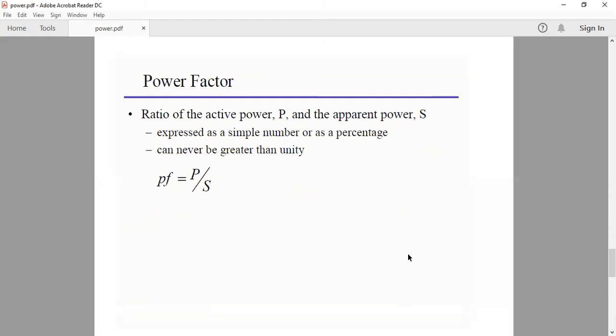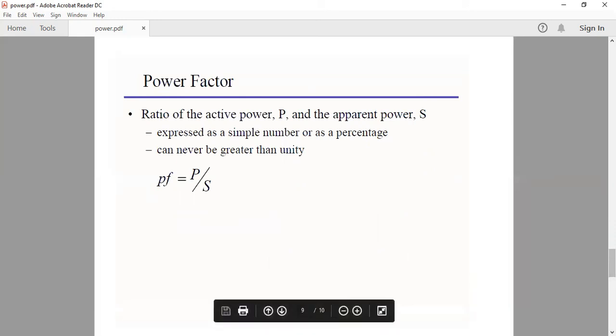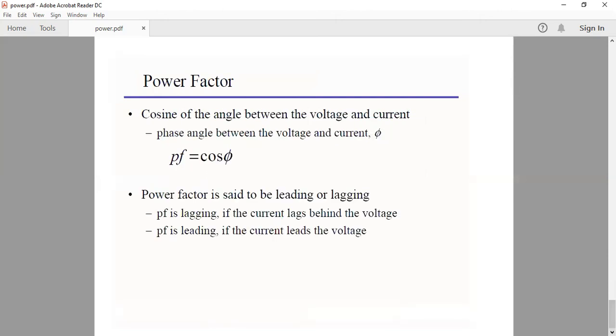Mathematically, power factor equals active power divided by apparent power. Its definition is the cosine of the angle between voltage and current, the phase angle φ. Power factor is given by the cosine of the angle between voltage and current.